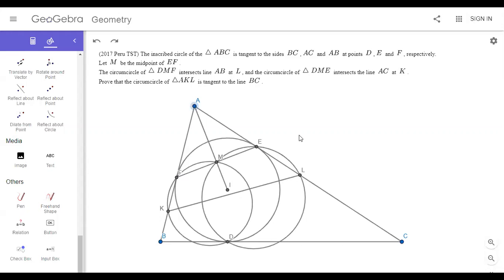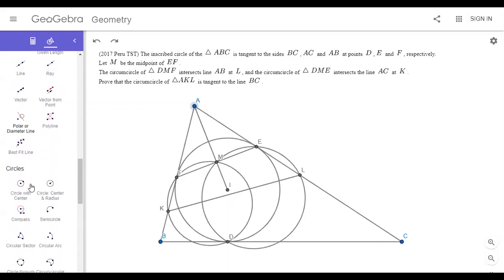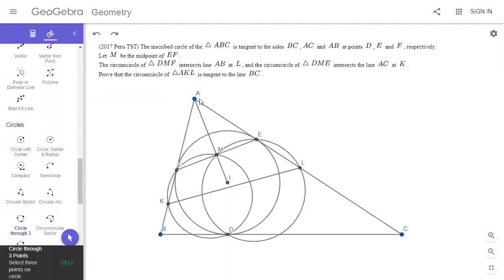Another thing that we could notice is that the center of the cyclic quadrilateral should be on the line ID. Is M the center of that circle? I don't know, but it should be on line ID if we use the fact that it's tangent at point D here. Yeah, I see what you're saying. I'm going to draw the circle, which we don't know is tangent yet.